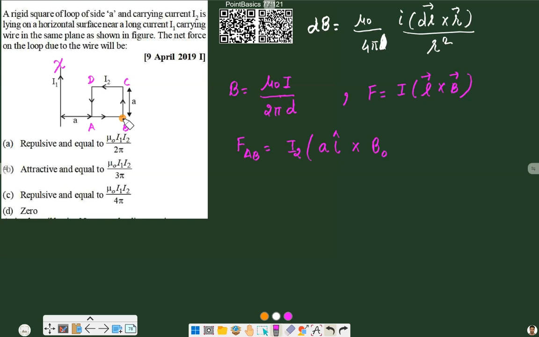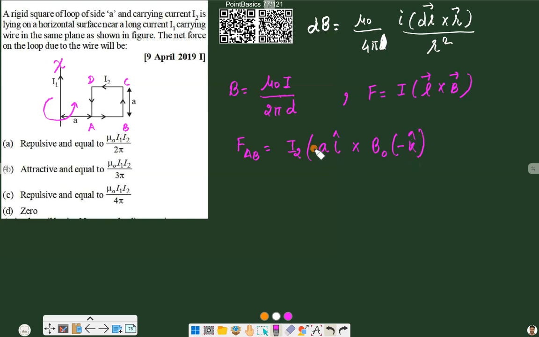As per right hand screw rule, if we apply on this wire AB, then its magnetic field will rotate like this. Means in the right direction, magnetic field goes into the page, or in negative z direction, or minus k.